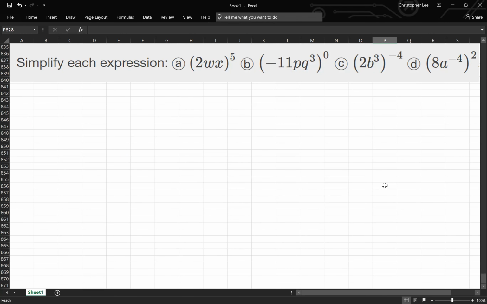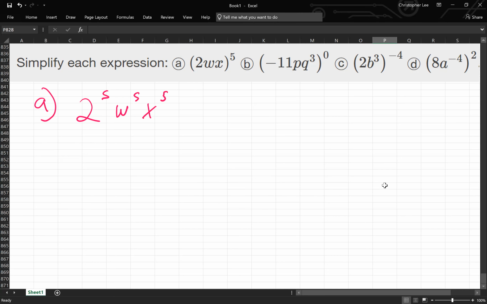Let's take a look. Looking at A. So I have 2wx raised to the 5th power, right? Everybody gets the power. So this becomes 2 to the 5th, w to the 5th, x to the 5th, right? Y'all got calculators.